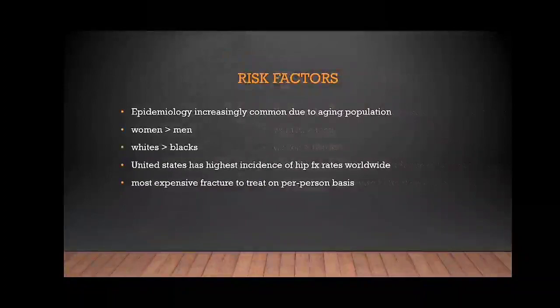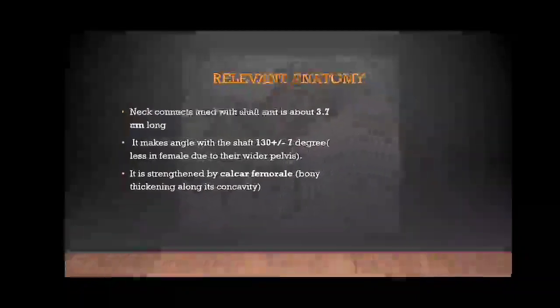Most important is the aging population. Women are more prone than men because of osteoporosis, and it is more common in the white population than the black. The United States has the highest incidence of hip fracture rates worldwide, and financially this is the most expensive fracture to treat on a per person basis.